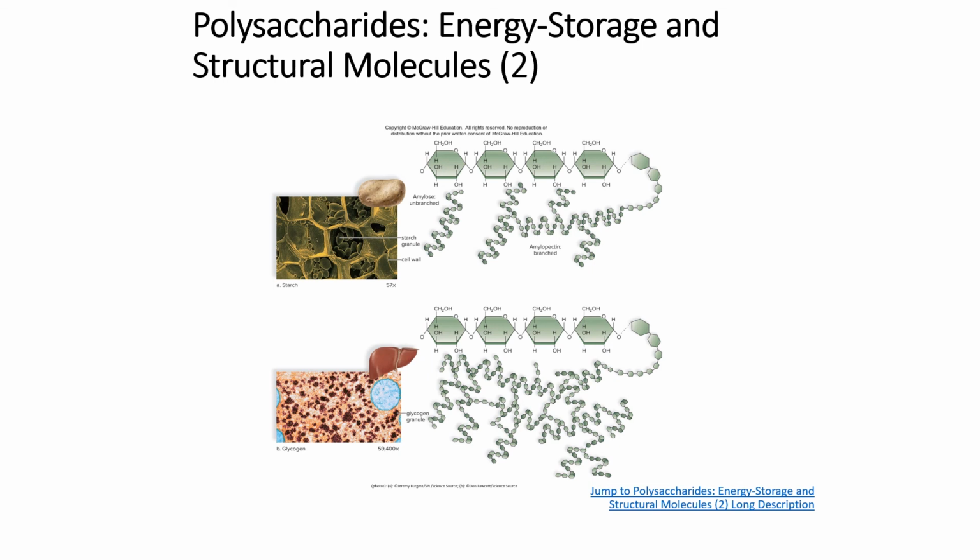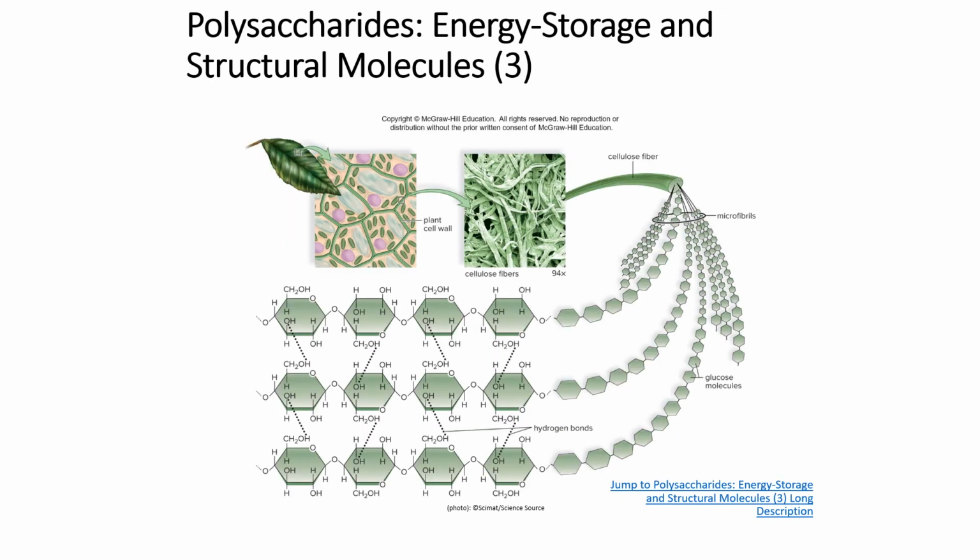And this is just showing you the structure. So here's the linear starch, and here's the branching one. And here you can see how glycogen branches. And then this is showing you cellulose. Cellulose is a bunch of chains that have been cross-linked.